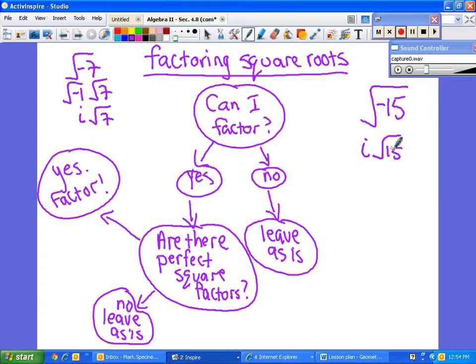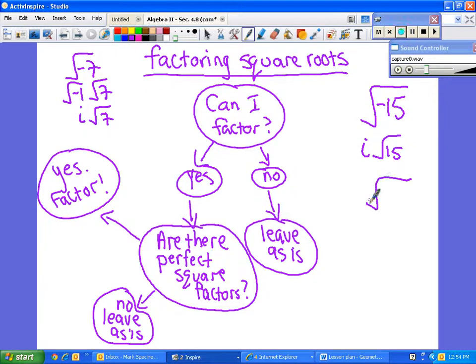Then I ask myself, are there perfect square factors? Not just are there factors, because there are factors of 15. 5 times 3 is 15. They're both factors, but they're not perfect squares. Since there are no perfect square factors for 15, I'm going to leave my answer alone. So again, this would be the correct answer.